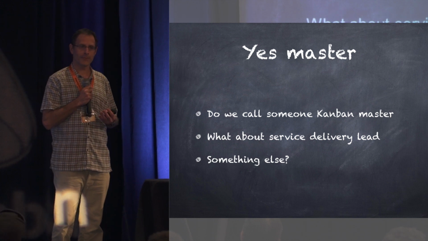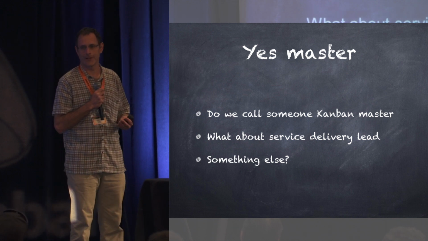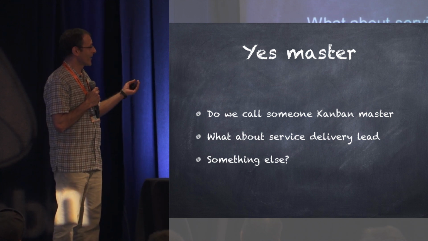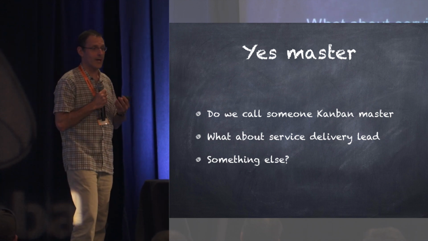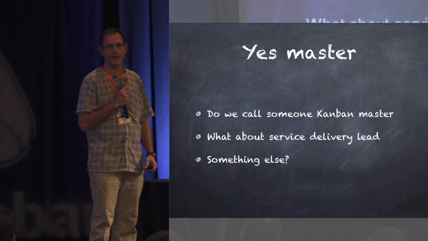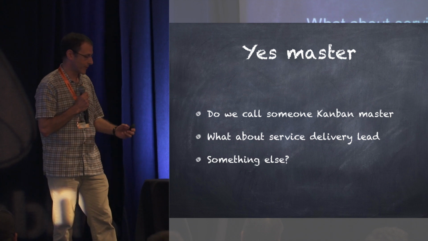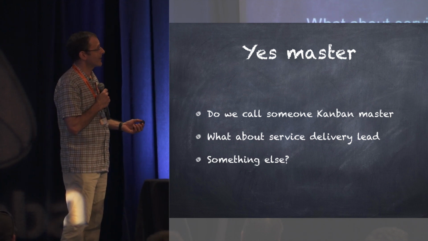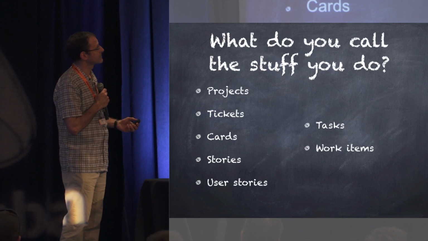But again, people sometimes bristle against the idea that someone's a lead. If we're a self-directing team, then why do we need a lead? And other names. Companies and groups probably all have different names for what they call a person that facilitates the work of a self-directed team. So this is one that we struggle with a lot. And again, I don't have an answer. I'd love to talk about it.